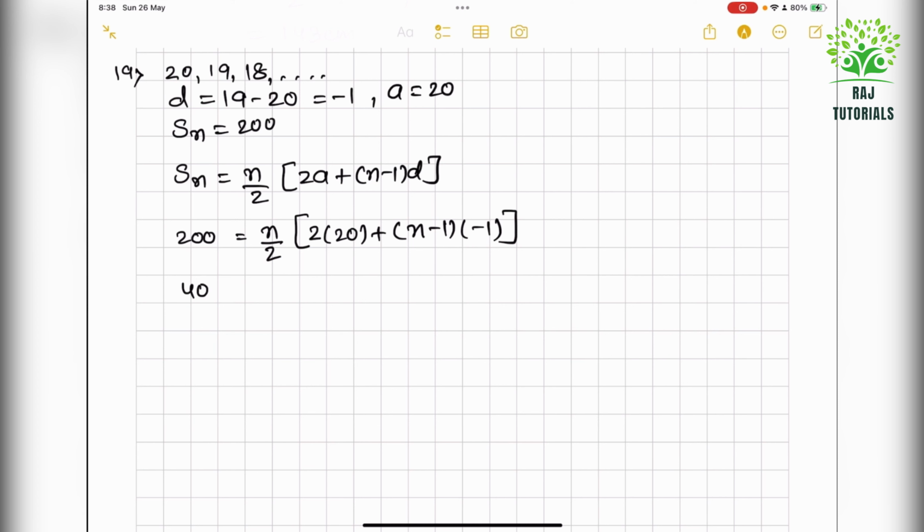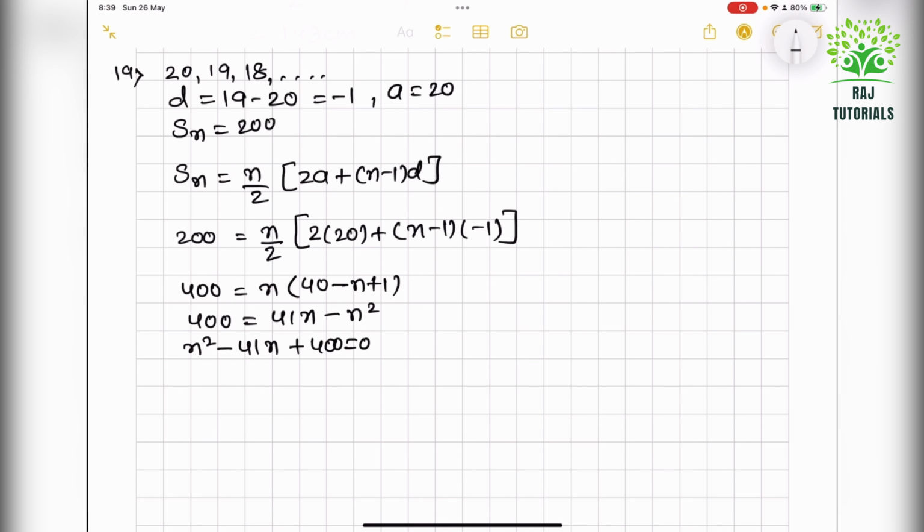I multiply 2 on the left hand side, so 400 equals n into (40 minus n plus 1). This becomes 400 equals 41n minus n square. If I bring everything on one side, n square minus 41n plus 400 equals 0.